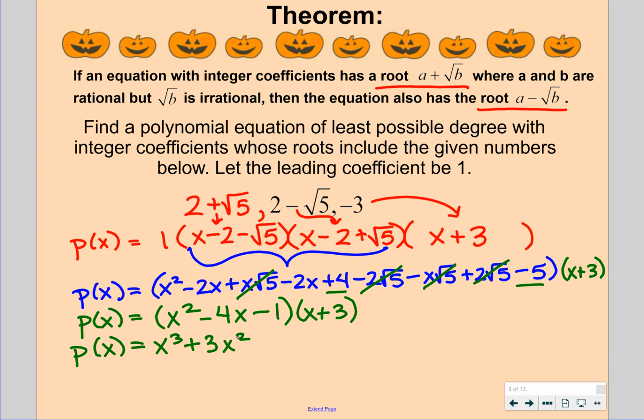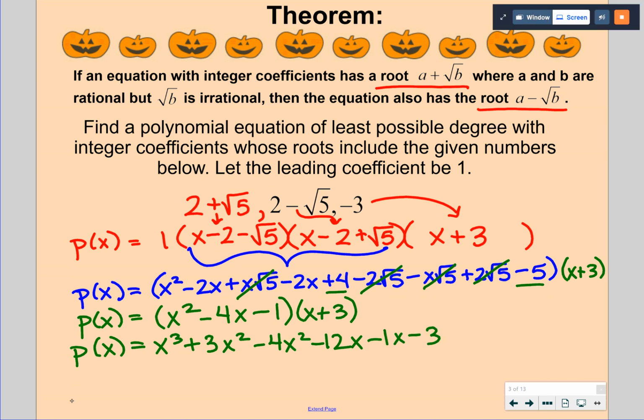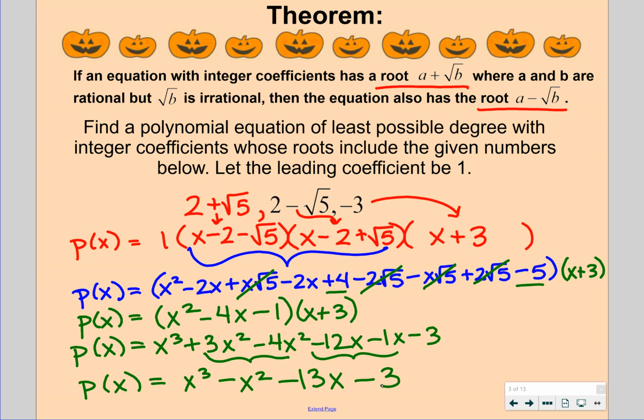Negative 4 times everything in the second parentheses gives me negative 4x squared and negative 12x. Negative 1 times everything in the second parentheses, negative 1x, negative 3. Final answer, I've got a couple sets of like terms I can put together. I'm going to end up with x cubed minus x squared minus 13x minus 3.